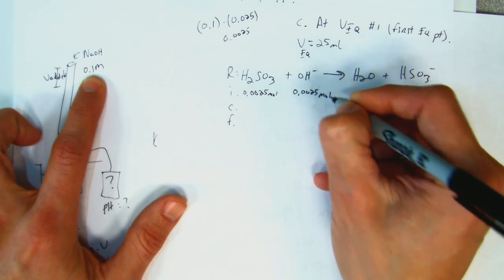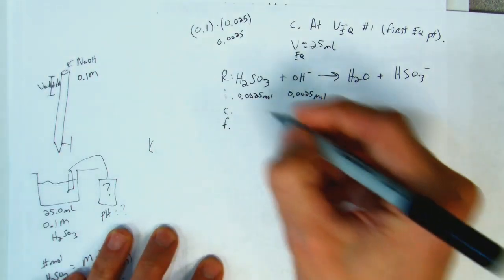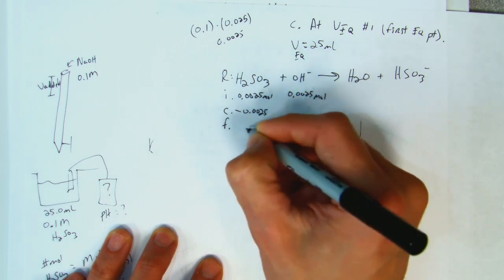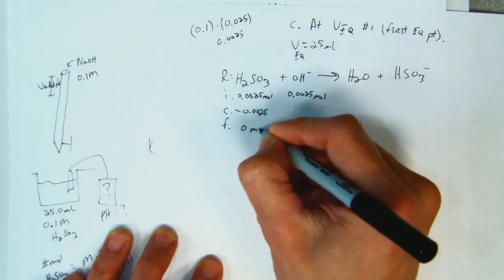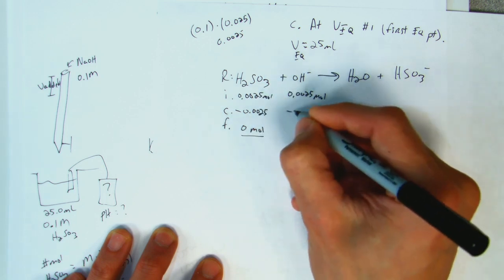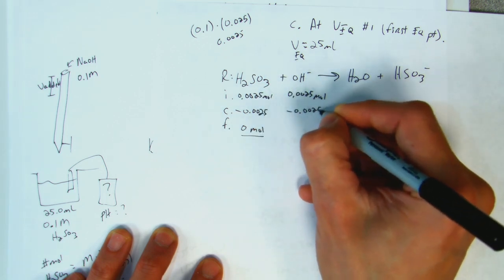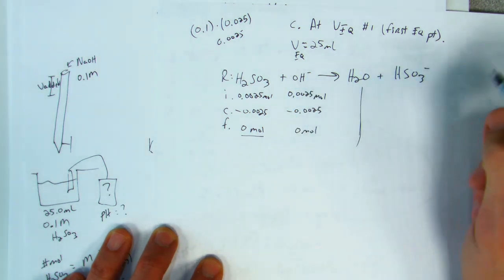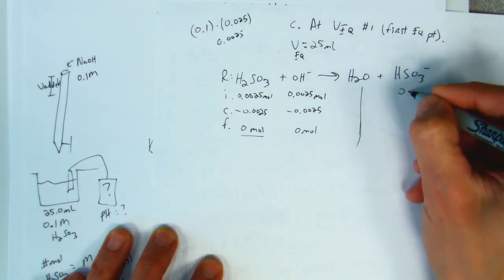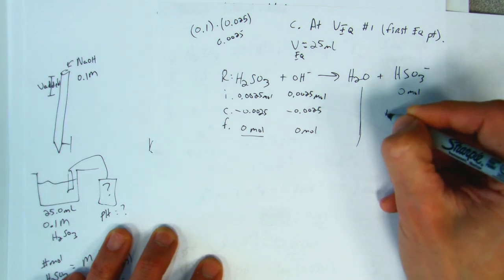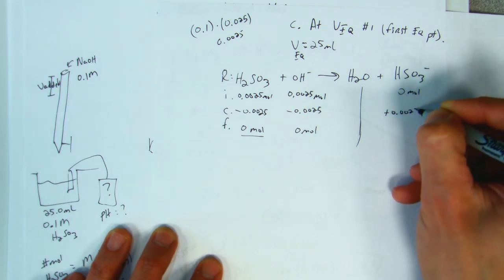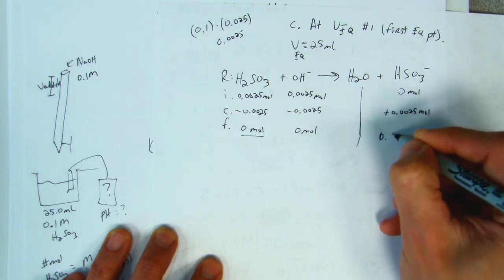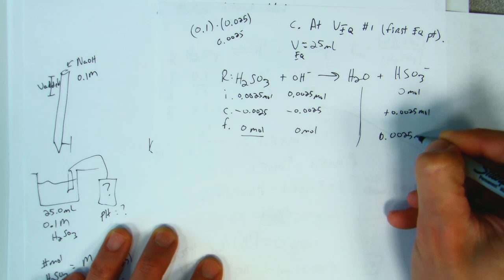That's the same number of moles as the acid that I've got. So now we can see that we're going to consume 2.5 millimoles, end up with 0 of that. We're also going to consume 2.5 millimoles of this, end up with 0 moles of the strong base. We don't track the water. We start off with 0 moles of this. Now we're going to make 0.0025 mole, and we're going to end up with 0.0025 mole.